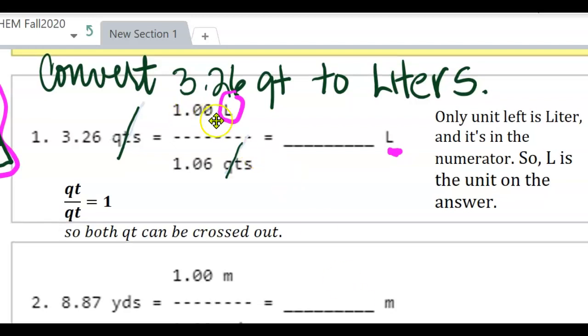So when you take 1 and you divide it by 1.06, we should get a number less than 1, shouldn't we? And what do we get? 1 divided by 1.06 equals 0.943.